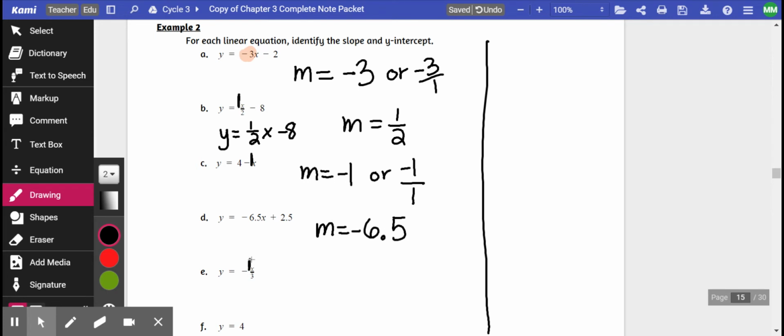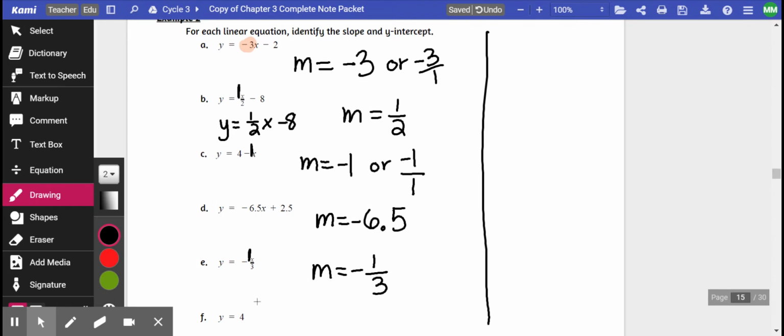For E, it is similar to letter B, where you can put 1 in front of your x, so m would be equal to -1 over 3. For F, this one doesn't have any x term. So this is the same as y equals 0x plus 4. So if there are no x terms, you can just think of m as being equal to 0. And we'll scroll down and do G last.